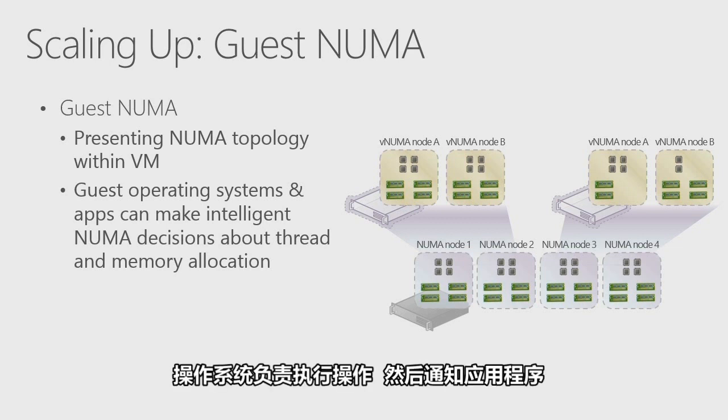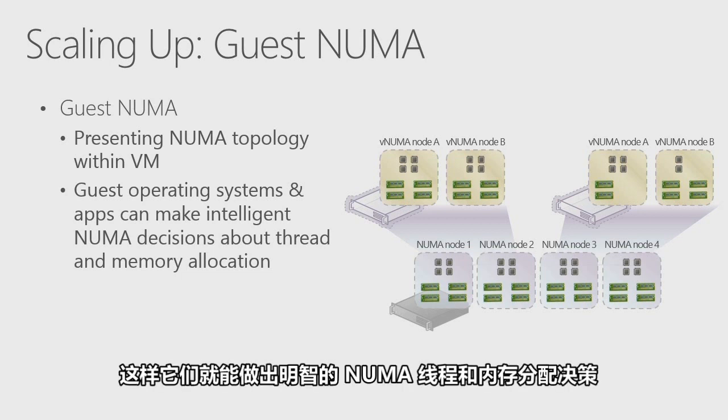The operating system does it, and then applications are notified so that they can make intelligent NUMA decisions about thread and memory allocation. So we now provide this in the virtual machine itself. So when you install, for example, SQL Server 2012 into Hyper-V on 2012, it knows completely what the virtual NUMA topology looks like.